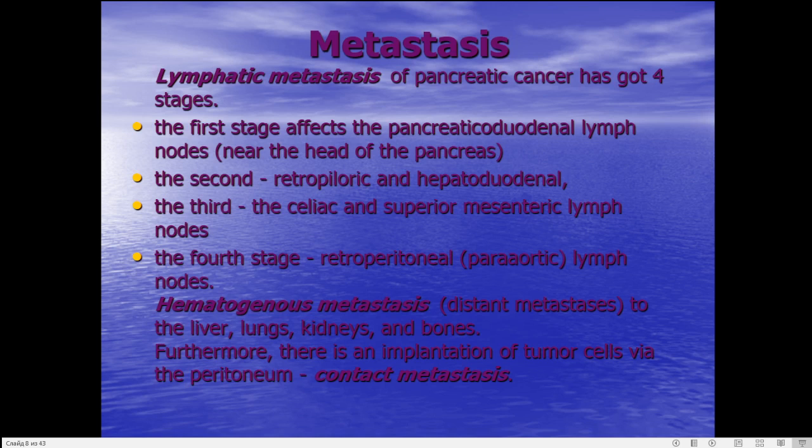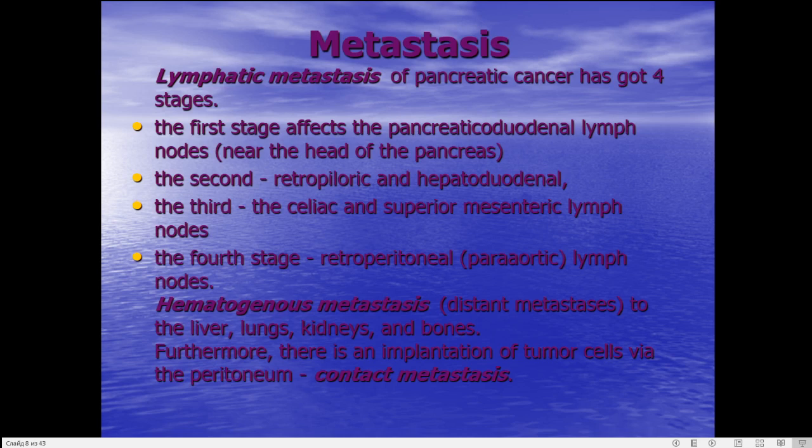Metastasis. Lymphatic metastasis of pancreatic cancer has 4 stages. The first stage affects the pancreatoduodenal lymph nodes, in other words, near the head of the pancreas.